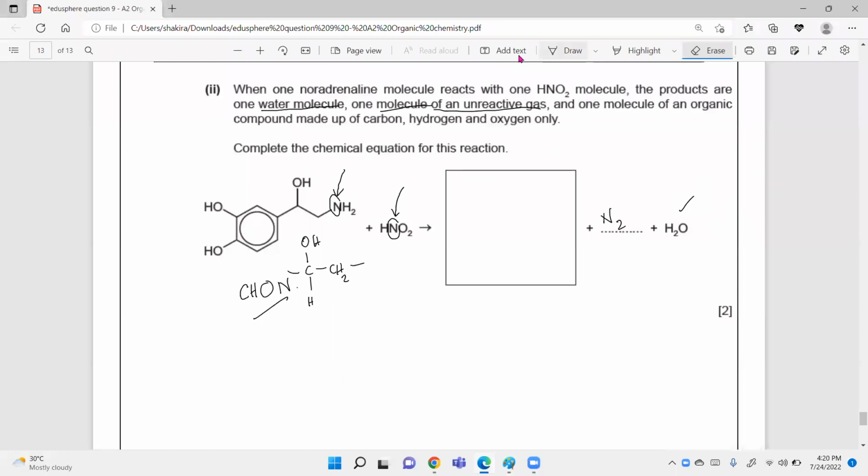Definitely, this big group doesn't change because it is not in the functional area. So we write OH here, OH here, OH here, CH2, OH there, and 2H2.